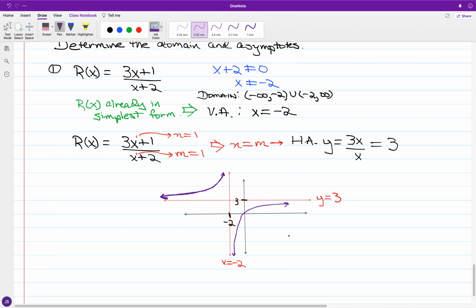Both of these sections are in reference to r of x equals 3x plus 1 all over x plus 2.